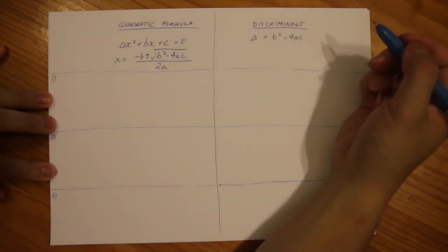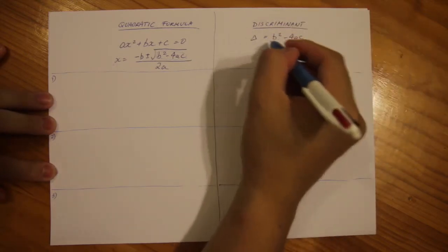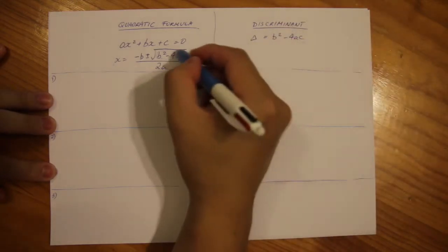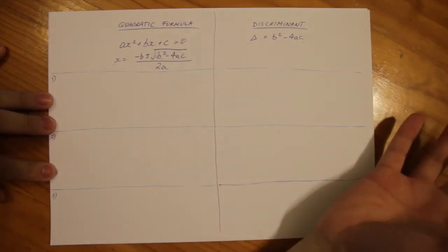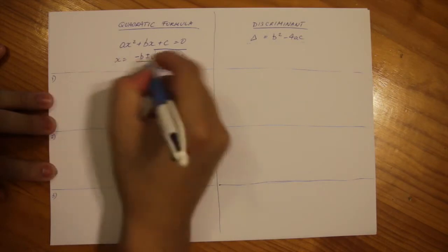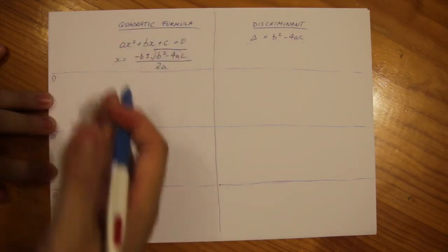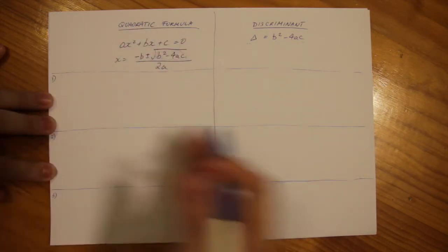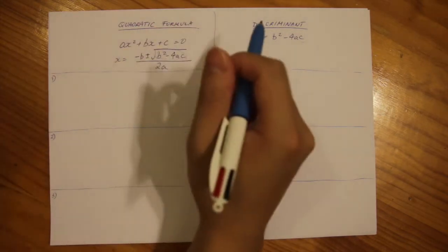Maybe it has one solution, maybe it has 2 solutions, maybe it has no solutions at all. We use this component of the quadratic formula to find out. So let's start with the first one. I'm going to go through each of them and show you the discriminant and how it works as well.